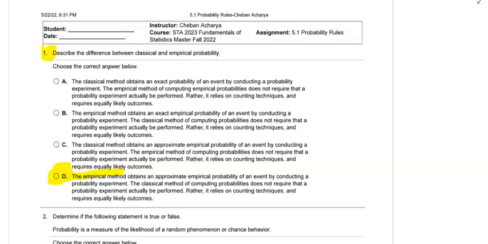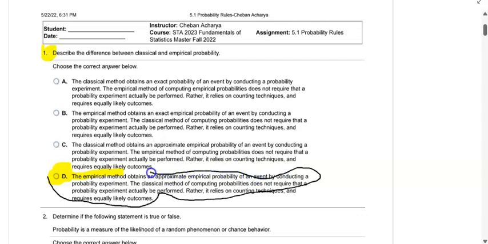The answer for this question is D. For the answer, you have to read the PowerPoints and the textbook definition. The empirical probability method obtains an approximate empirical probability of an event by conducting a probability experiment.